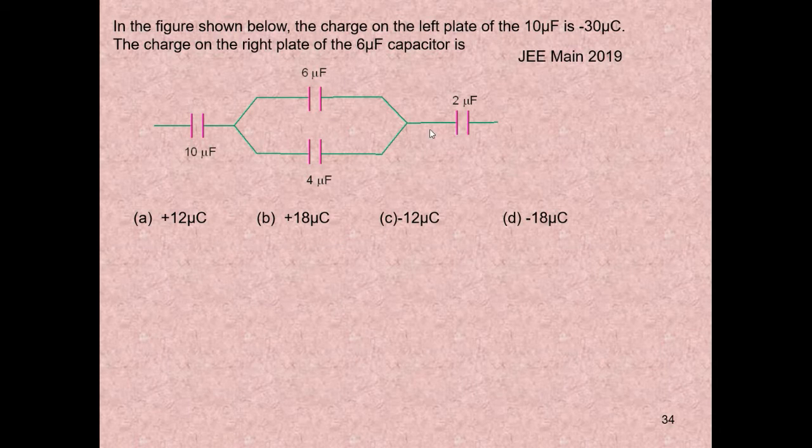Plus and minus we will discuss, and that will also take only 1 second. So what concept do you have to use? Parallel combination. The charge divides in the direct ratio of capacitances, so greater capacitance will have greater charge out of the 2. So 18 microcoulomb. No calculations, nothing.